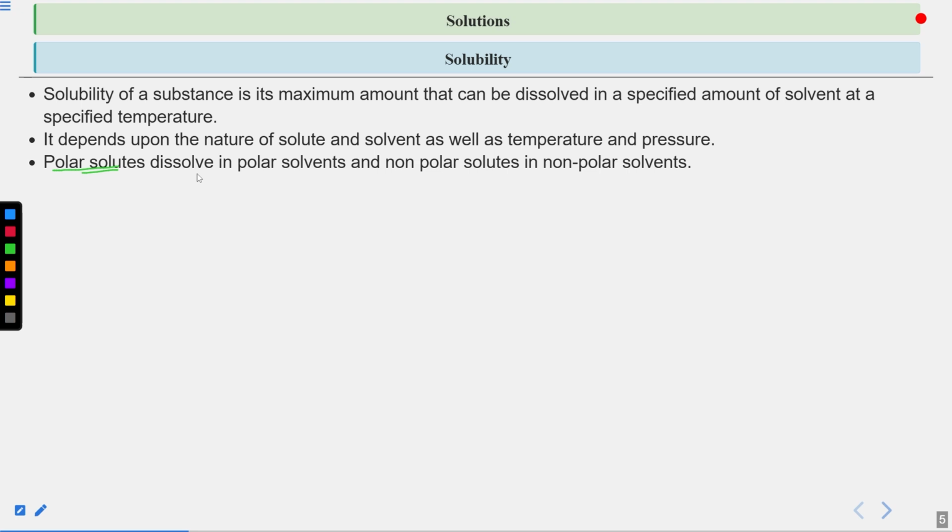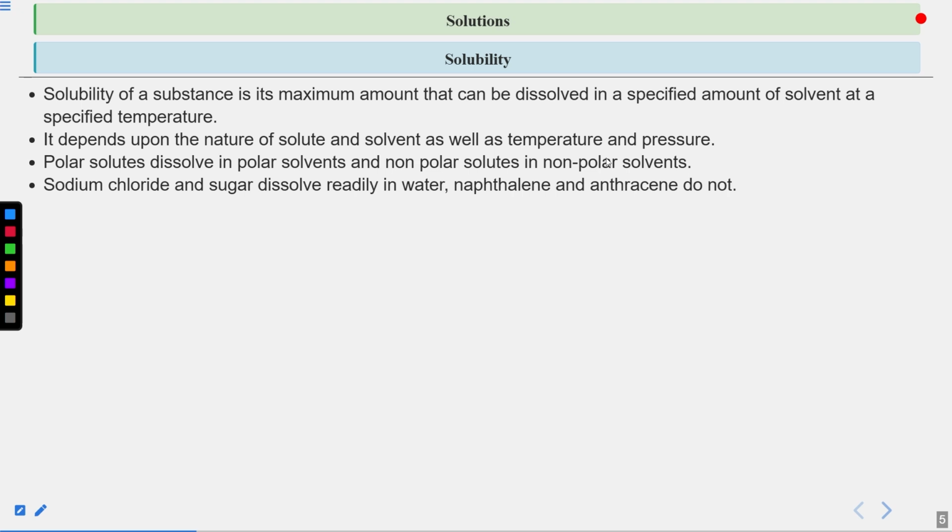So a polar solute will dissolve in a polar solvent, whereas non-polar solutes dissolve in non-polar solvents. For example, sodium chloride, which is polar as it is an ionic compound, will dissolve in water, and sugar also gets dissolved in water.